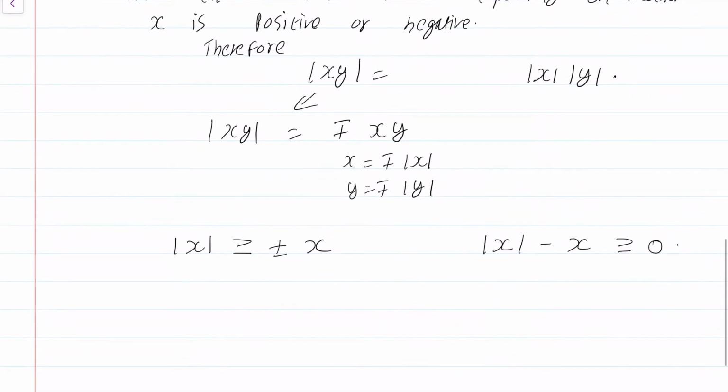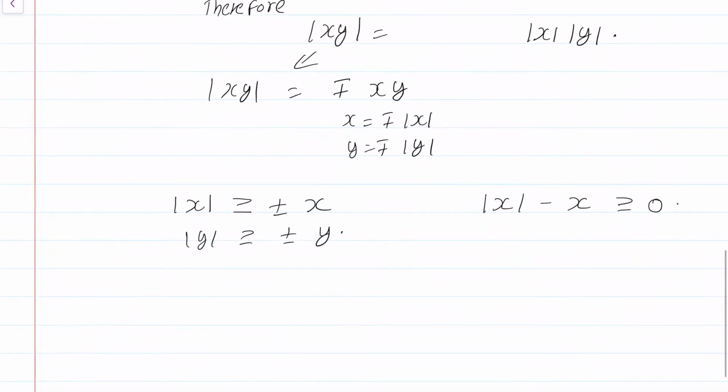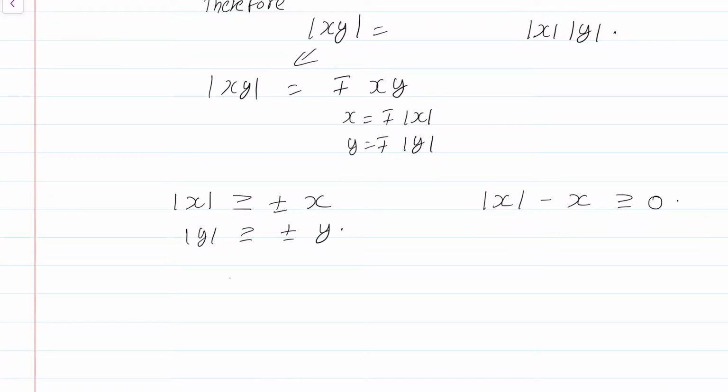Check why this is true. So mod x is always greater than or equal to plus or minus x. Similarly, mod y is always greater than or equal to plus or minus y. Now, we immediately get by one of the properties of an ordered field that mod x plus mod y is greater than or equal to plus or minus x plus or minus y.